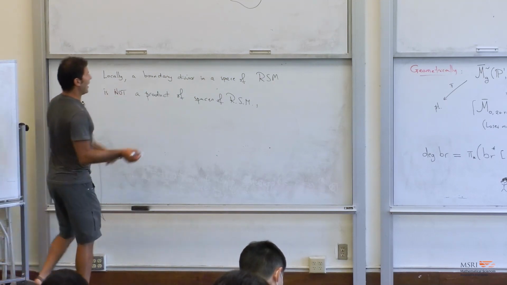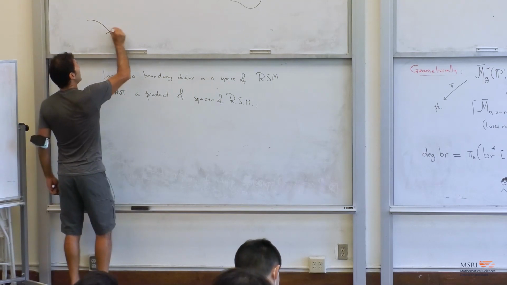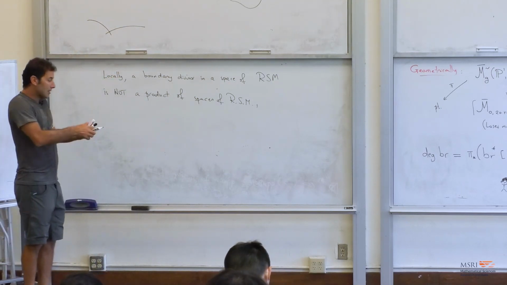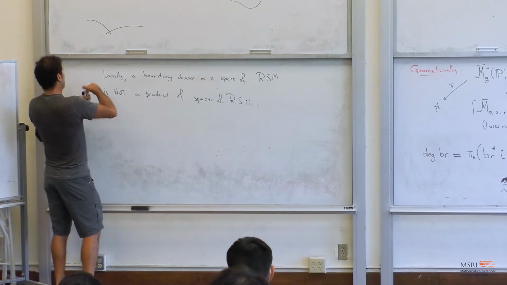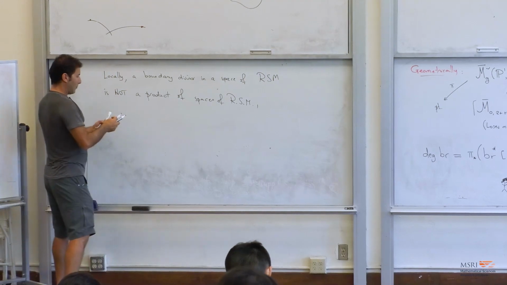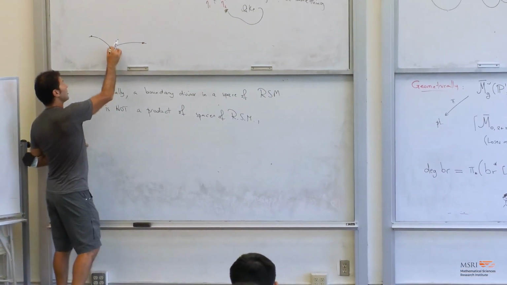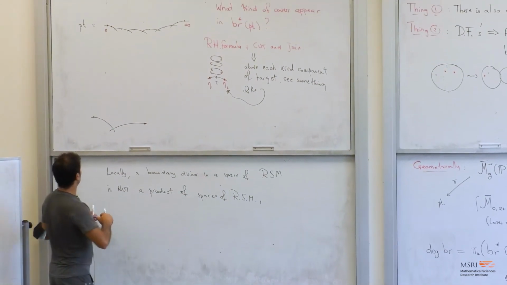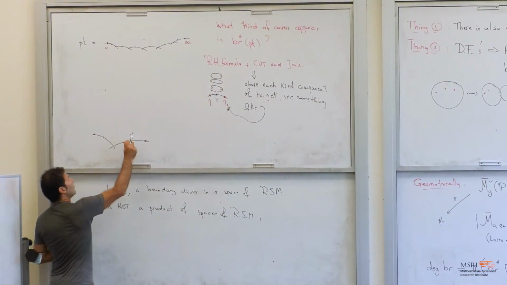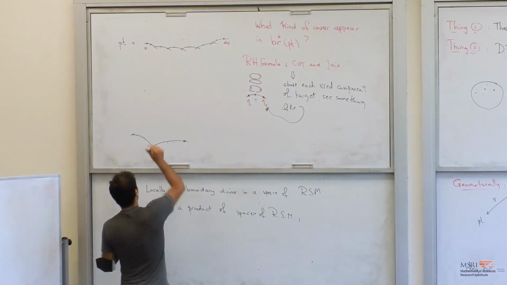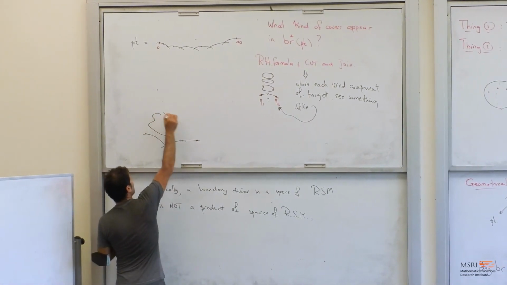A boundary divisor in a space of relative stable maps corresponds to when the target splits in two. Then I have a special point here and a special point here, and I'm enforcing the Kissick condition. I have my V points wherever they want on either side, and a map that satisfies the Kissick condition.